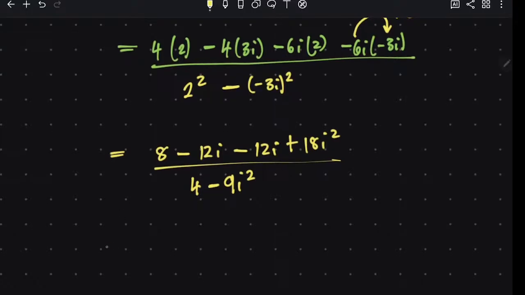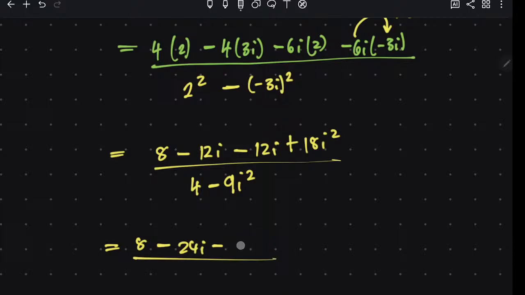So what will we end up having? Here it becomes 8 minus 24i, because minus 12i minus 12i is minus 24i. 18i squared becomes negative 1 by 18, because i squared is negative 1.